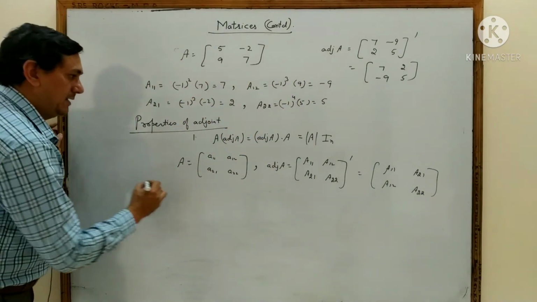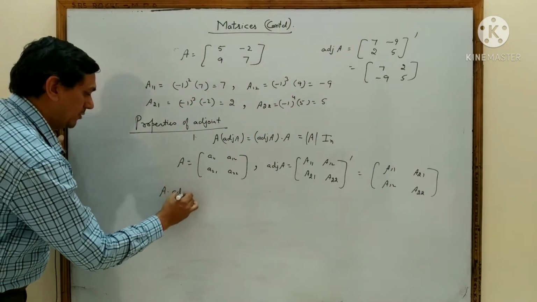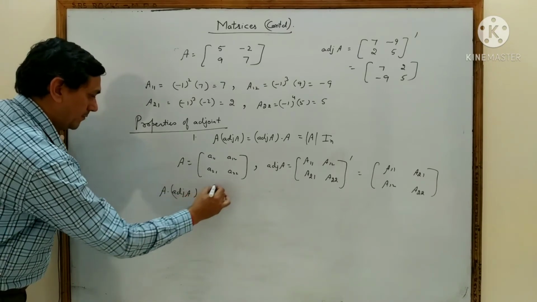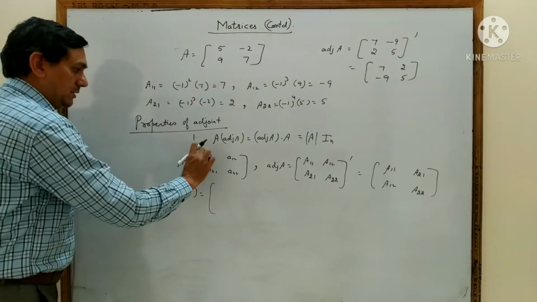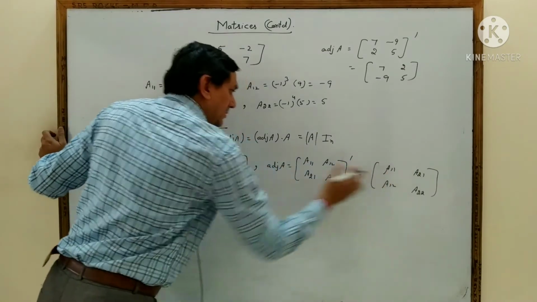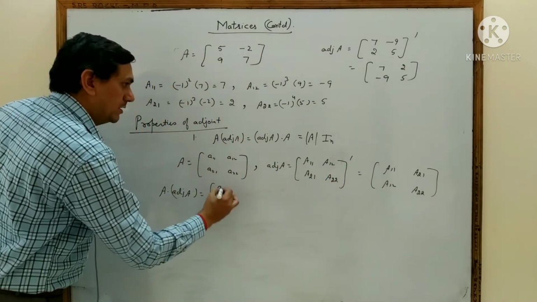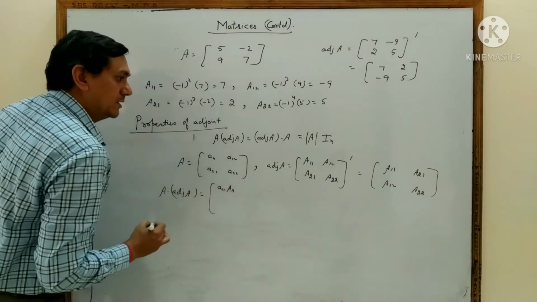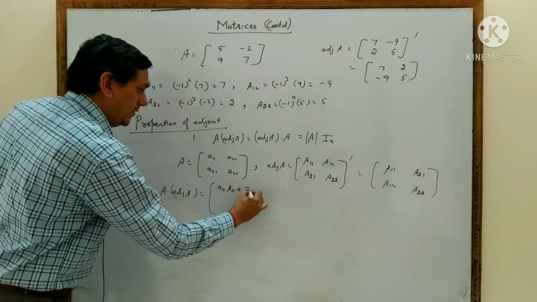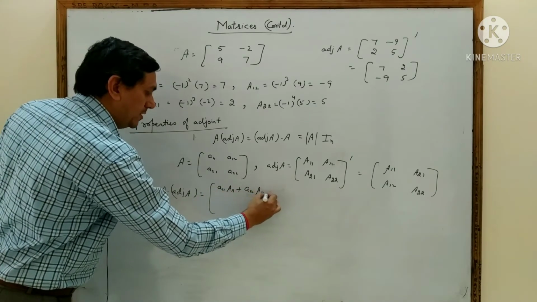Let us multiply A multiplied by adjoint of A. Now this row gets multiplied by the column: A11 multiplied by A11 plus A12 multiplied by A12.